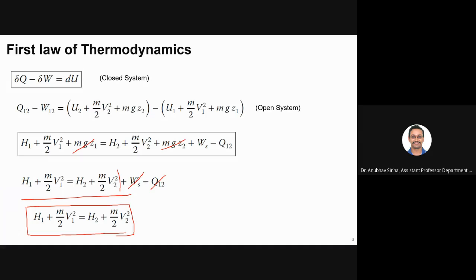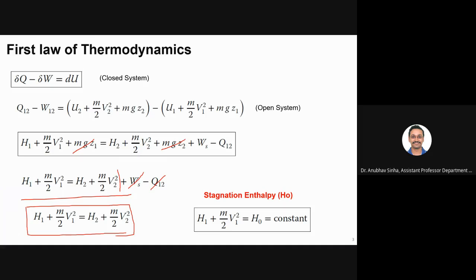Yes, sir. Okay. And here we can also define stagnation enthalpy. So let us say that I bring this system to rest isentropically or without any heat exchange. That enthalpy at that point will be called stagnation enthalpy. Okay. So which means that H0 is there and V naught square is 0.